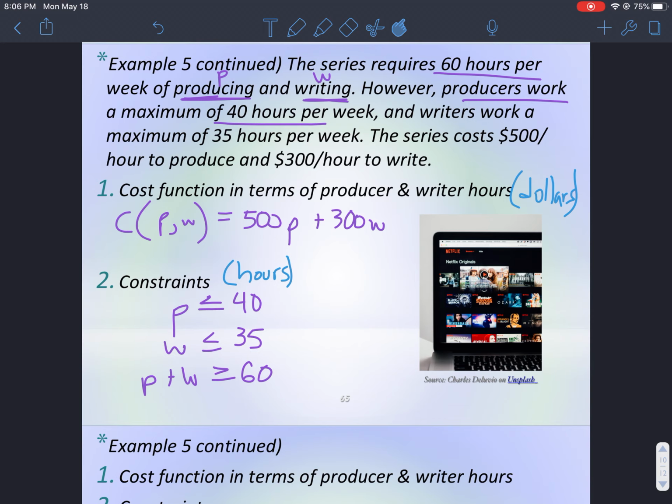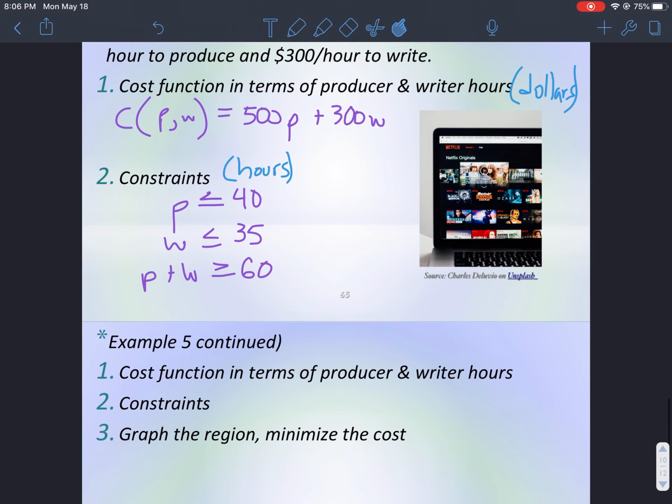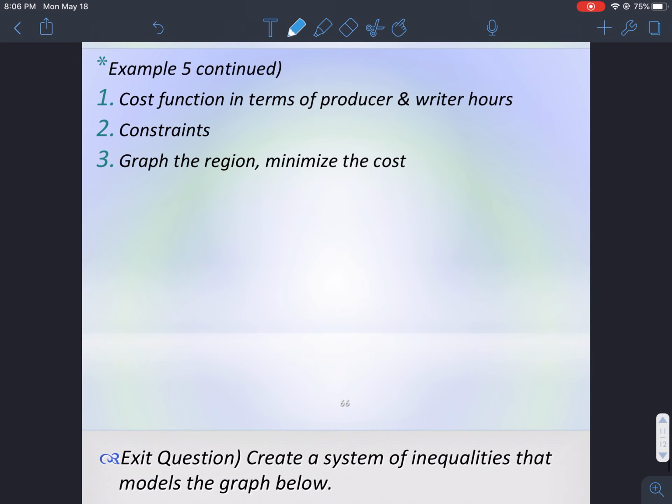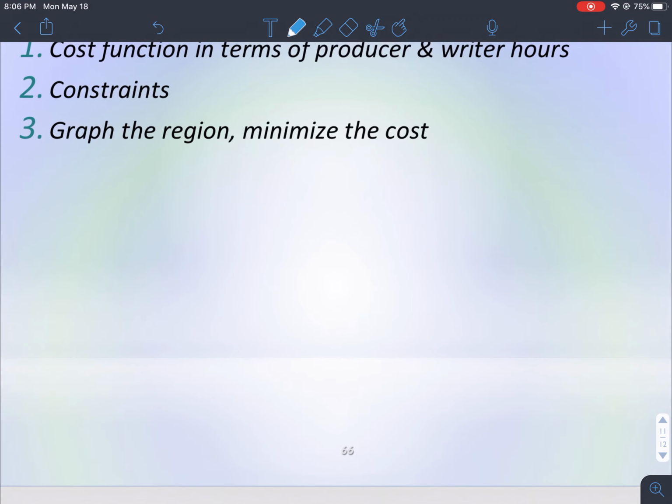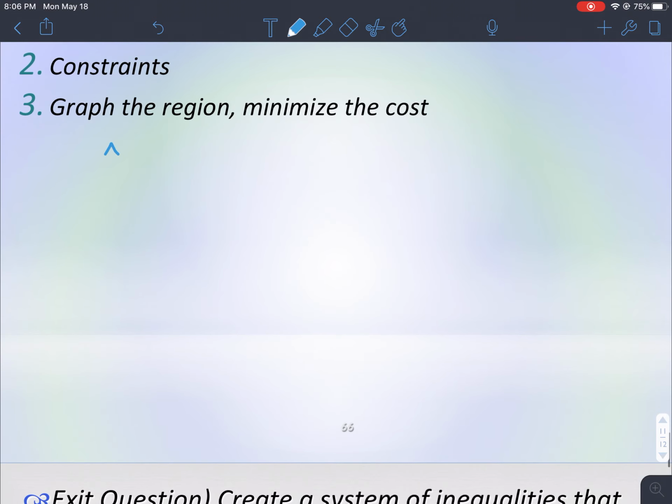So while the constraints are in hours and the cost function is in dollars, we are actually going to draw our graph, which is going to be in terms of writing and producing.